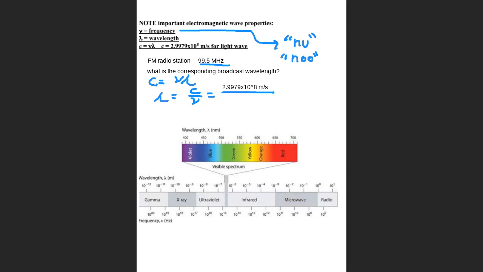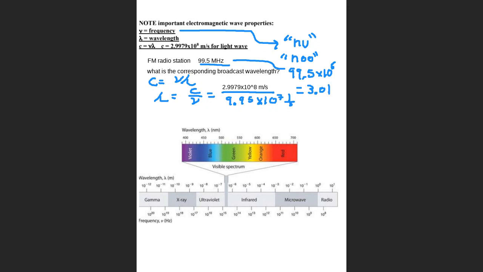So 99.5 megahertz is 99.5 times 10 to the 6, or 9.95 times 10 to the 7th reciprocal seconds. I get 3.01 meters.